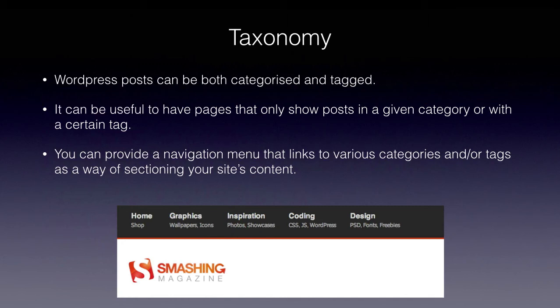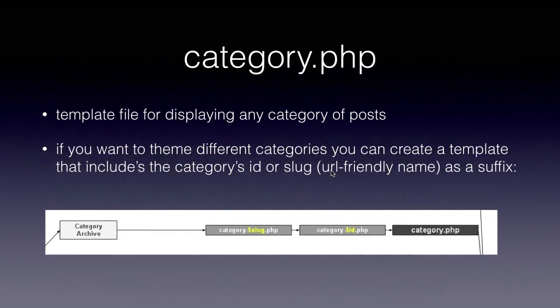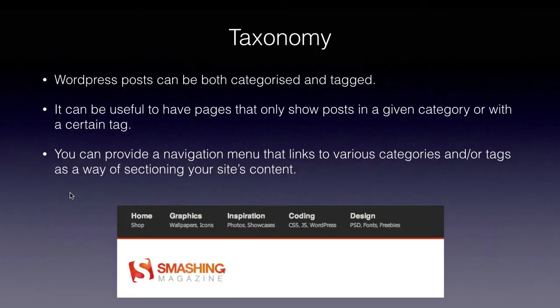So this is a screenshot of a slightly older version of Smashing Magazine's webpage. The Smashing Magazine website runs off WordPress. They use WordPress categories for the major sections of their site, and then they use tags for the subsections of their site here.